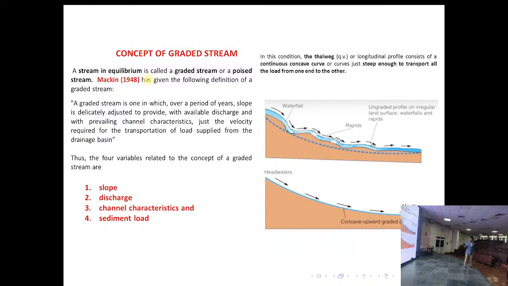Finally, the concept of graded stream. A stream in equilibrium is called a graded stream.